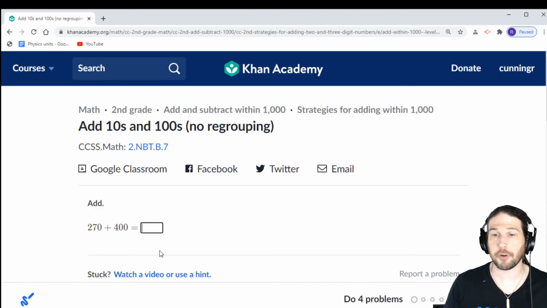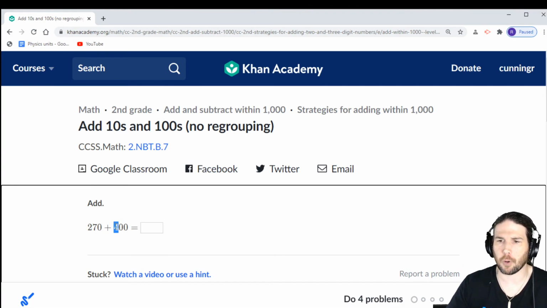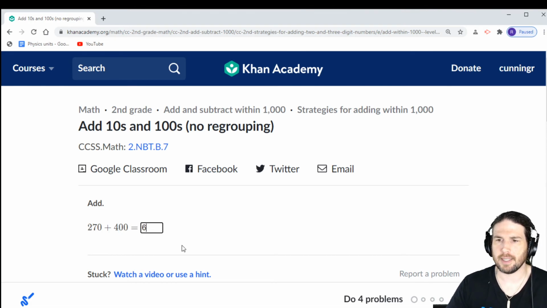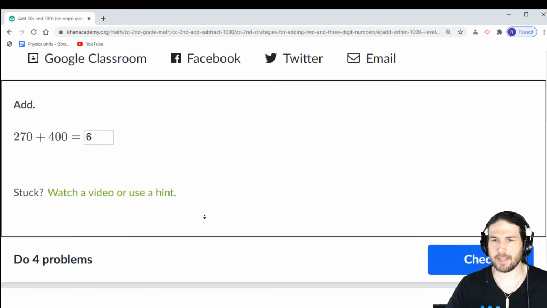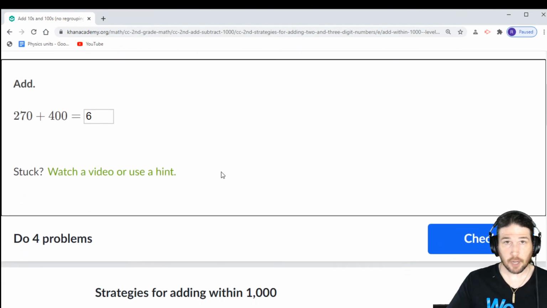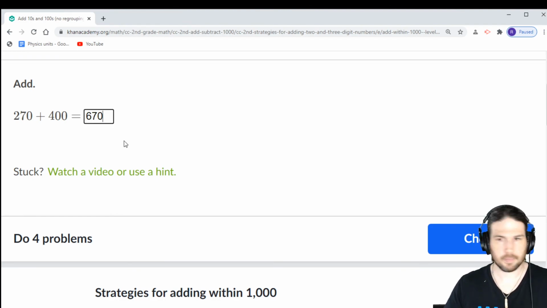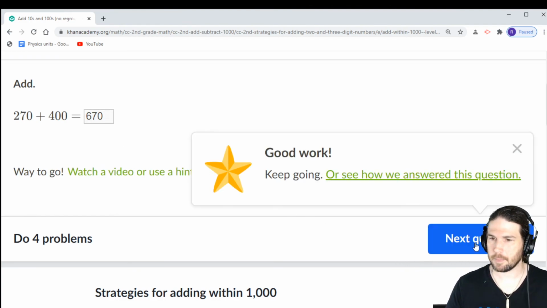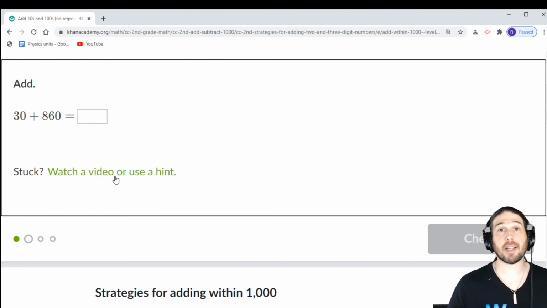270 plus 400, well, when it comes down to it, the only actual math we're doing here is 4 plus 2 is 6. Right? 200 plus 400 is 600, and everything else is just copied down. 670. 30 plus 860.